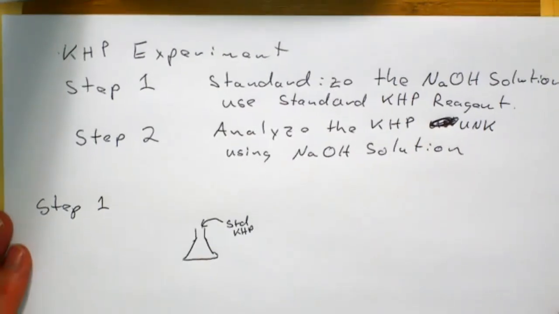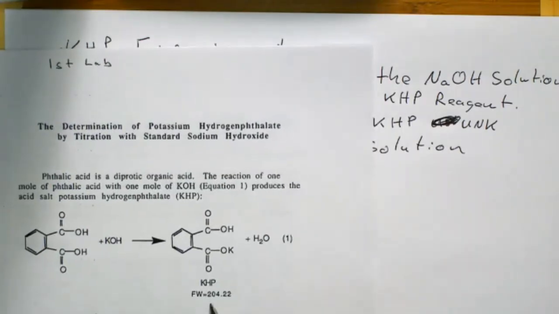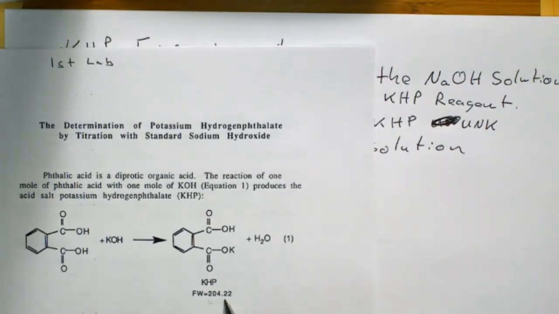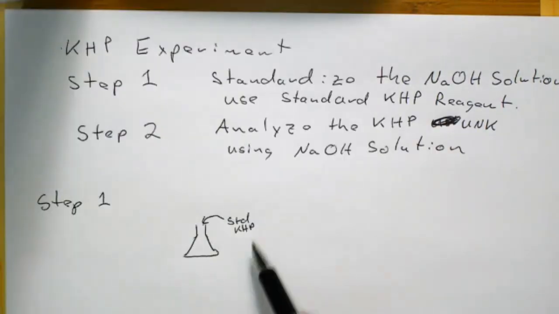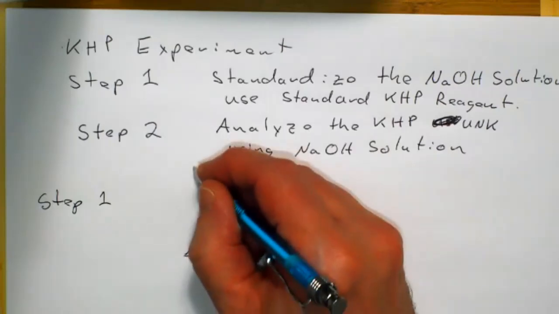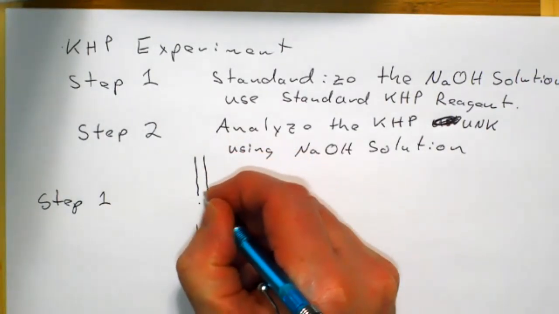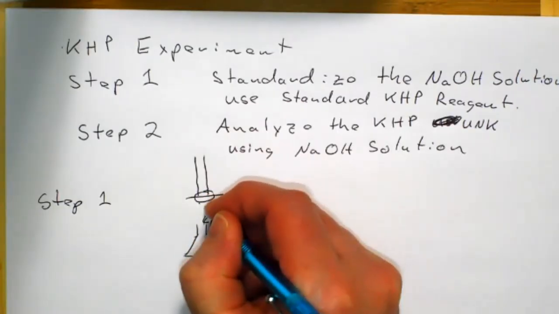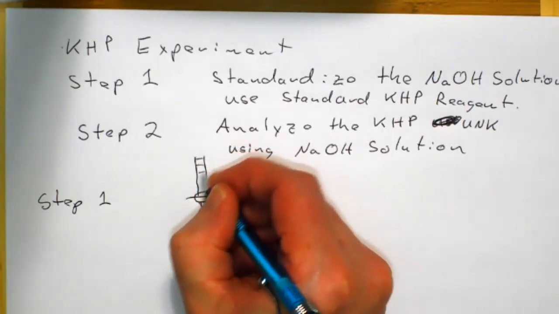We know the formula weight, 204.22. So if I know the weight, I know how many moles of KHP are in there. Then up here, I'll have my sodium hydroxide and a burette.